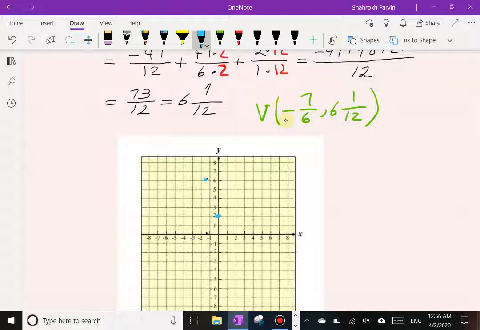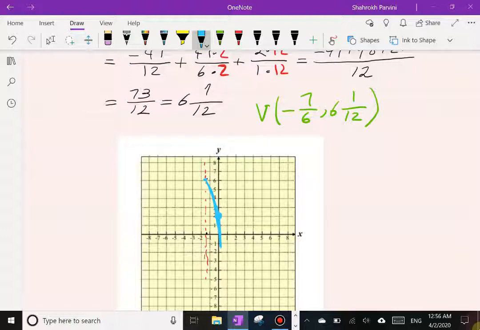The parabola opens downward. The axis of symmetry is going to run through the vertex. So there you go. That's going to be the axis of symmetry. True? And this parabola is going to open downward, going through the point right here.